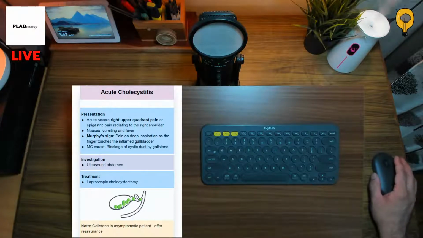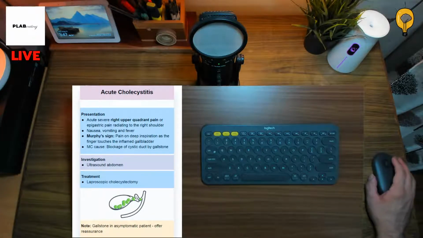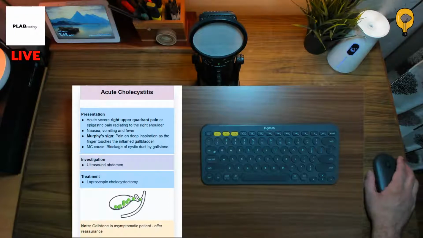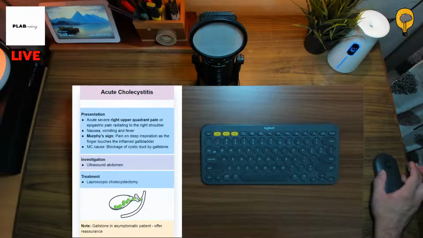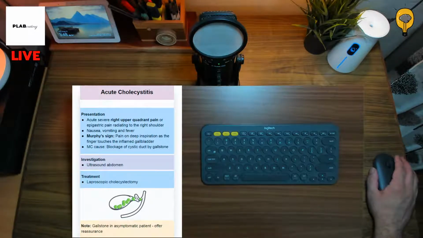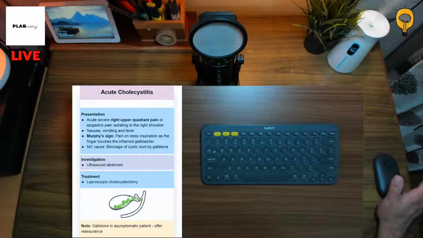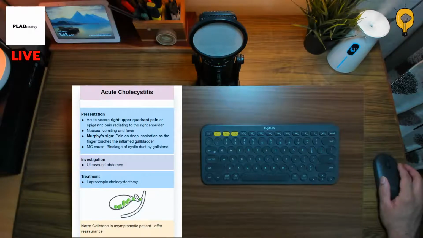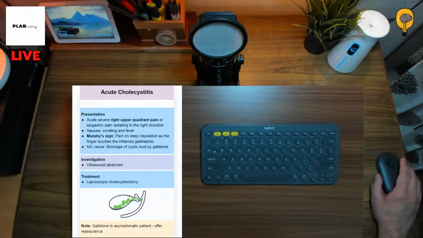When we place our two fingers on the right upper quadrant along the right costal margin at the mid clavicular line and ask the patient to take a deep breath, it causes pain to the patient, and it also causes arrest of inspiration because of inflamed gallbladder pushing against our fingers, impinging against our fingers. So this is positive Murphy's sign, and it is only positive on the right; on the left upper quadrant it is negative. It is a sign of acute cholecystitis.